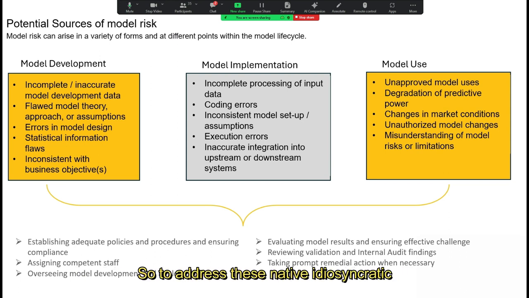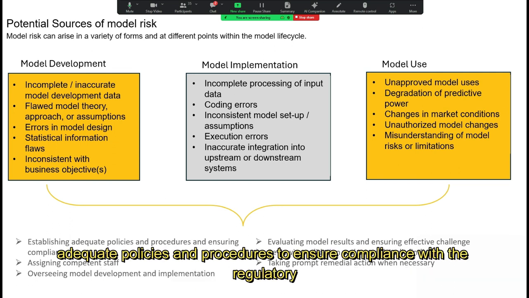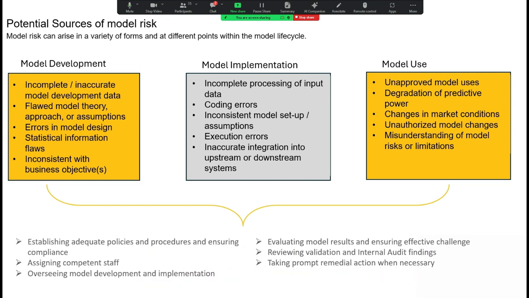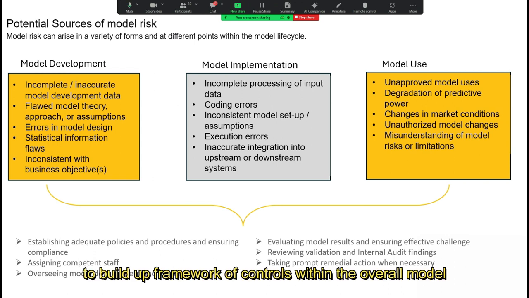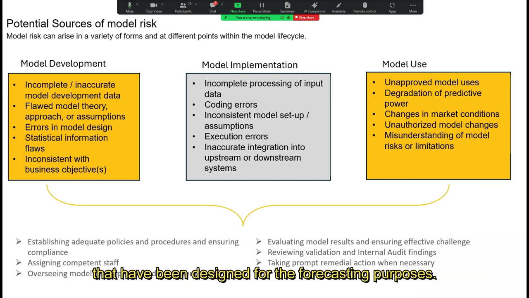So to address these native idiosyncratic risks, each financial institution is expected to establish adequate policies and procedures to ensure compliance with the regulatory expectations, obviously to assign competent staff, to build up a framework of controls within the overall model governance paradigm, and to review and independently challenge models that have been designed for forecasting purposes.